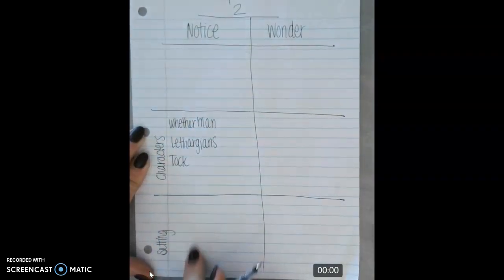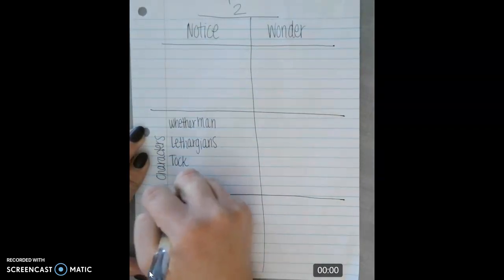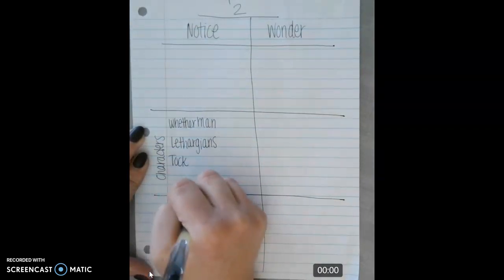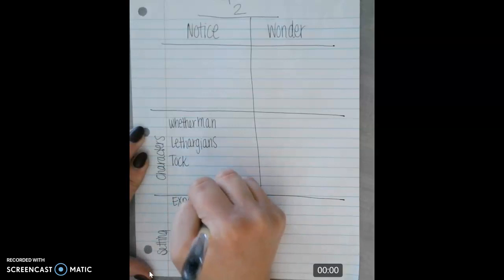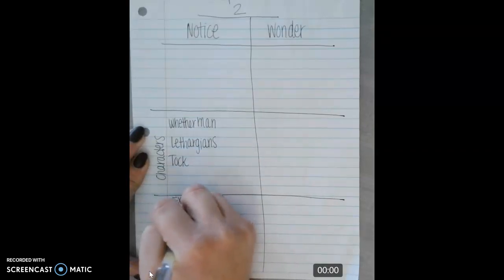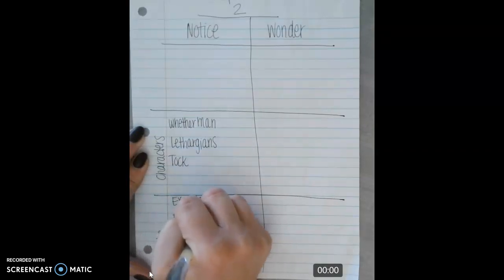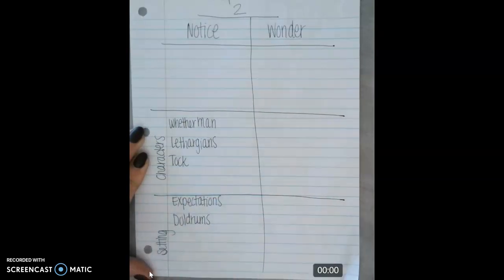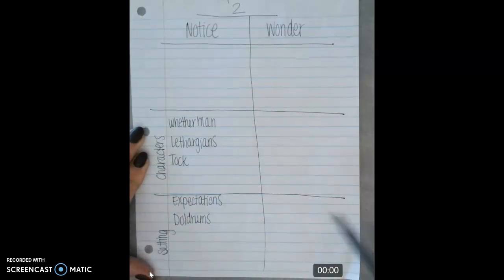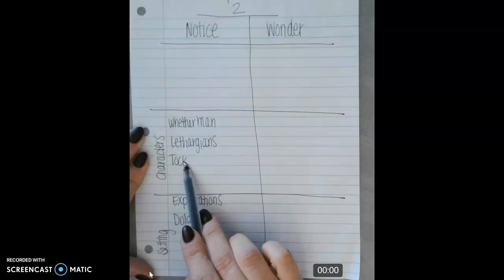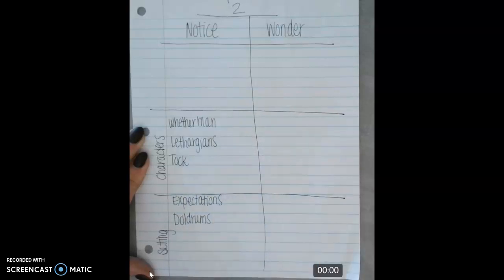And you're going to see new settings like Expectations and the Doldrums. So as you're reading, pay close attention to these characters. What do you notice and wonder about them? And then settings. What do you notice and wonder about these settings?